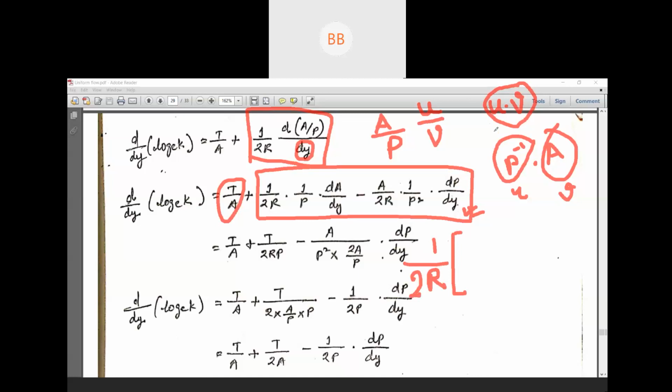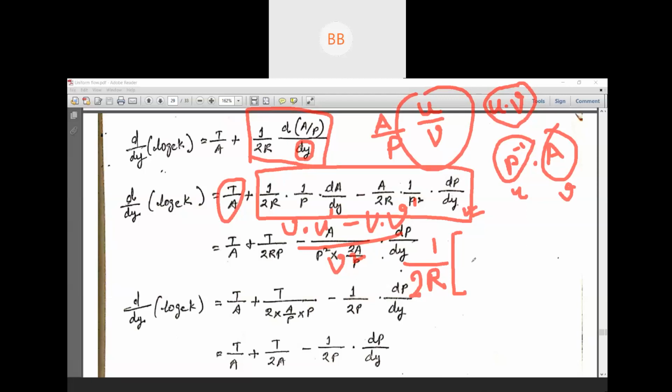So u by v, I'm going to use u by v. U by v derivative is nothing but v multiplied by u dash minus u multiplied by v dash, divided by v square. This is the formula, and I think all of you know this. This is a very simple and popular formula for differentiating u by v.